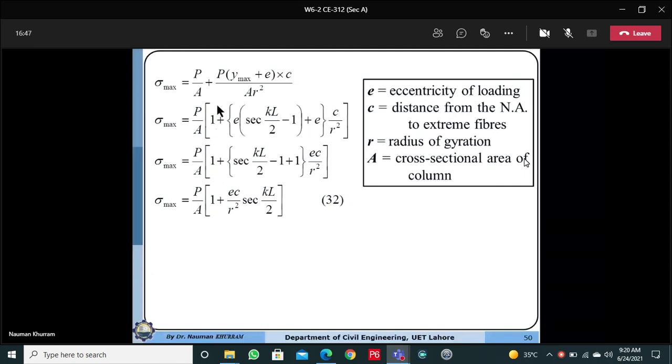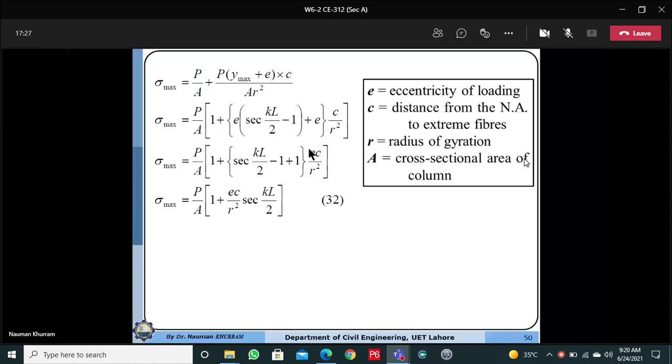We shall have 1 here because we have taken P over A common, and e is also here, because if you substitute the value of y maximum, one e is here and one is in the expression of y maximum. So we could take this e also common, and also c over r square outside. So this will become ec over r square. And this minus 1 will be cancelled out with this 1 because we have taken the e common outside. So the simplified expression will be this one.